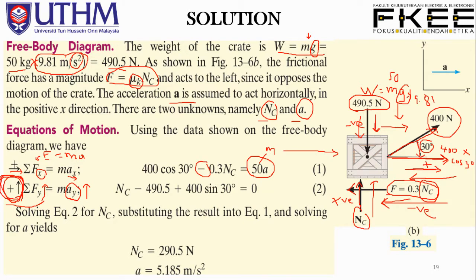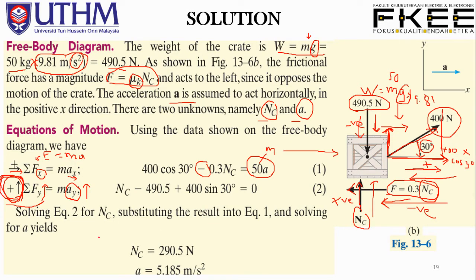This is from the free body diagram. The force we apply, 400 Newton initially, can be resolved into this Y direction force. We can represent this force in this position; it is the same thing.